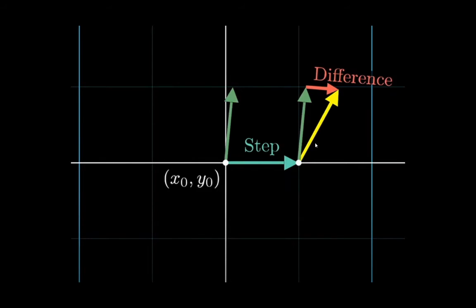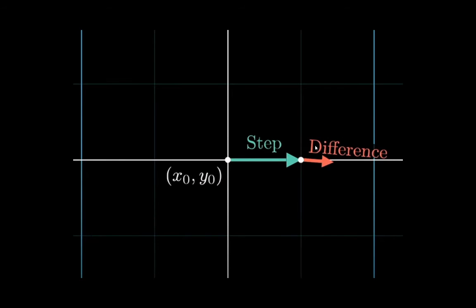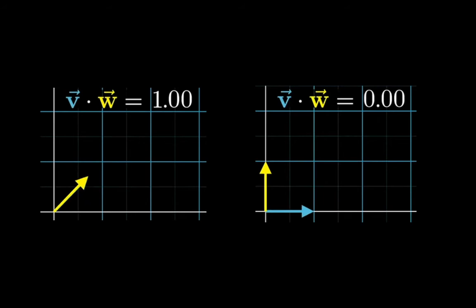Now recall that the dot product gives you a measure of how aligned two vectors are, where two vectors that are completely perpendicular have a dot product of 0, two vectors that align completely, where the blue one is underneath the yellow one, have a dot product of 1, and if they're in opposite directions, then the dot product is -1.